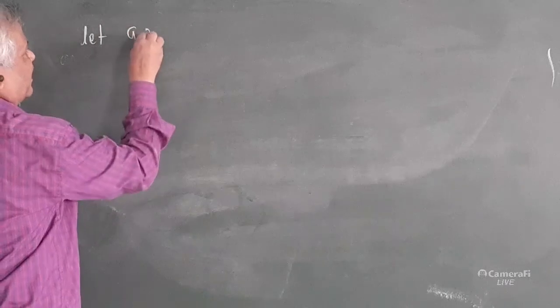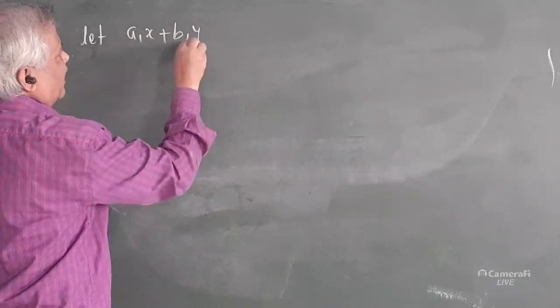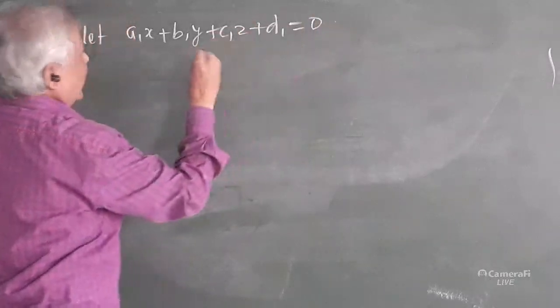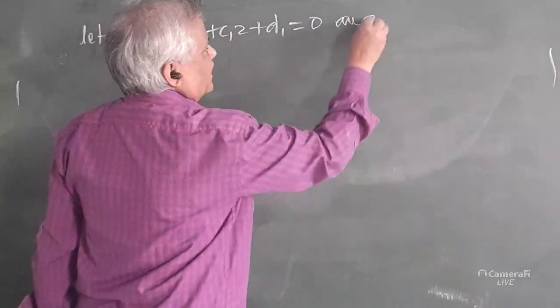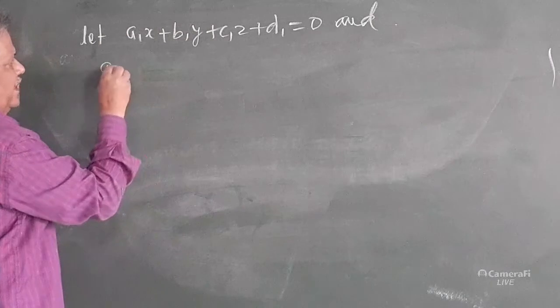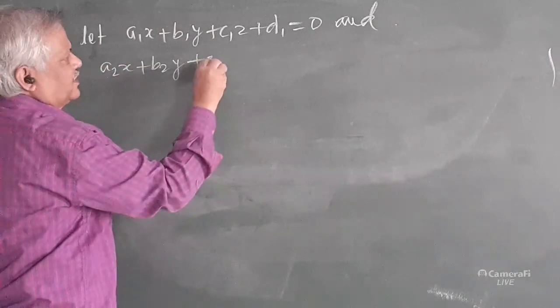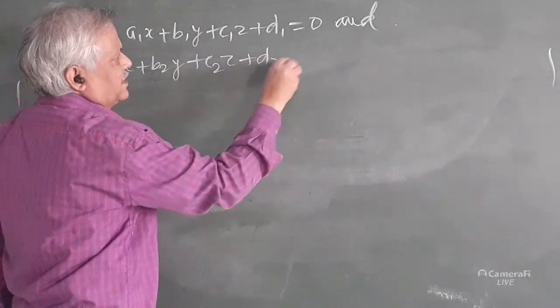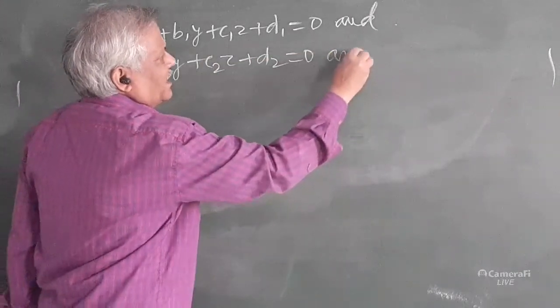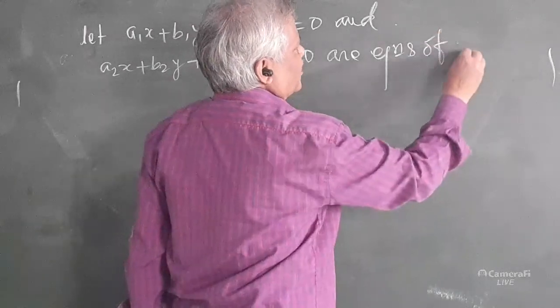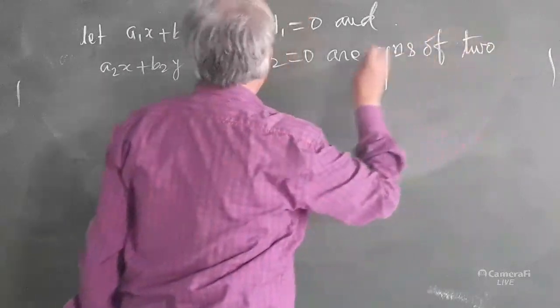Let a1x plus b1y plus c1z plus d1 equals 0 and a2x plus b2y plus c2z plus d2 equals 0 be the equations of two planes.